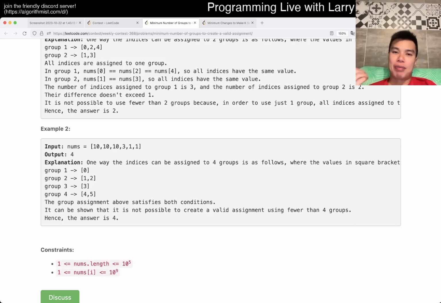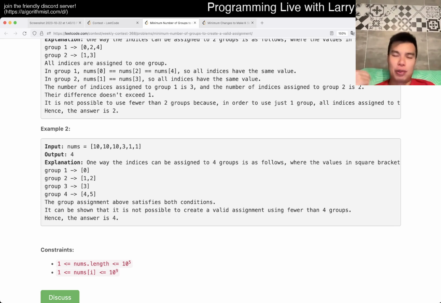The worst case is not that all numbers are the same or all numbers are different, right? Because if all numbers are the same, then you only have one number to try, and if all the numbers are different, you also have only one number to try, because you can only have one of each element. So you only have a group size of one.